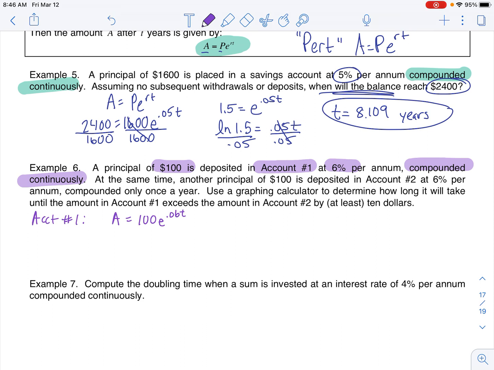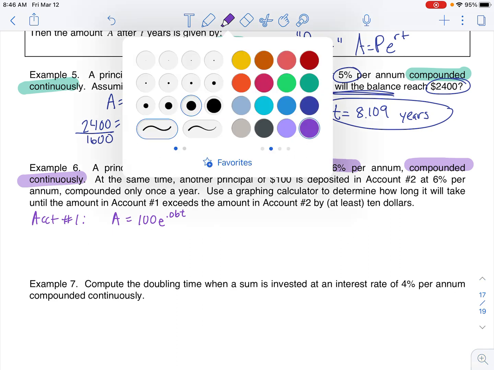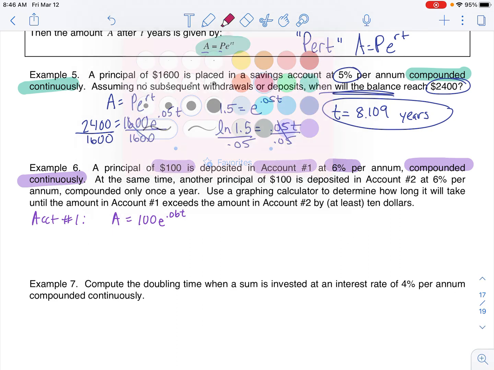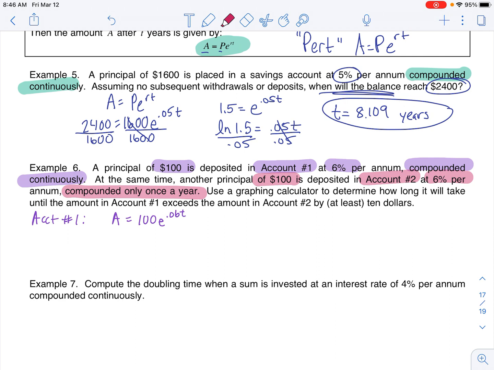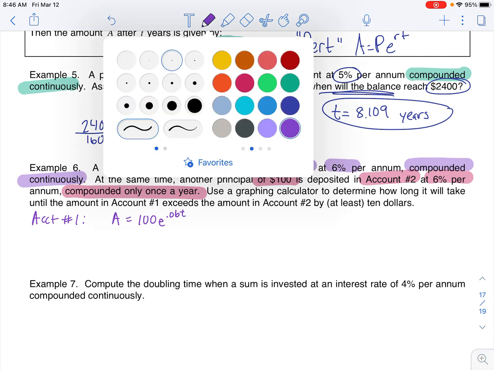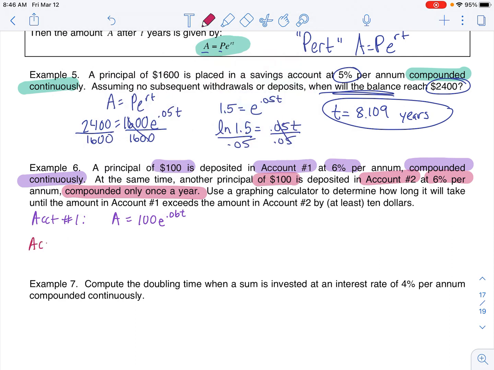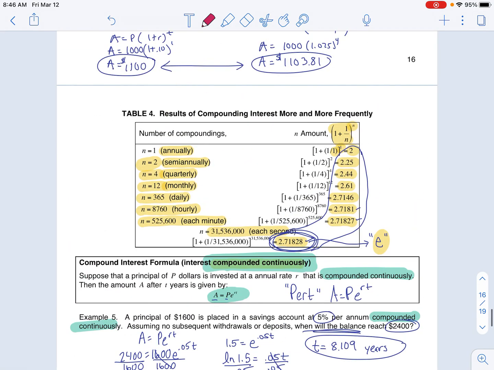I don't know what time is yet. We have another account here. I'll highlight it in different color. Also $100. Account number 2, also 6%, but this one is compounded only once a year. So for account number 2, I'm going to need to use annual interest rate, right?